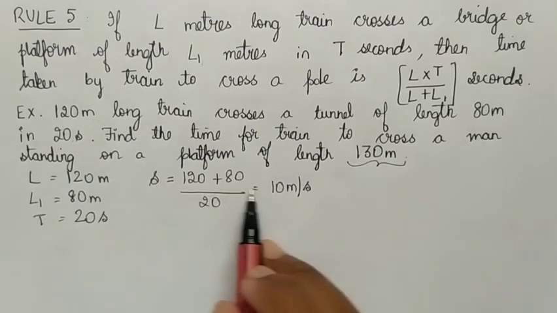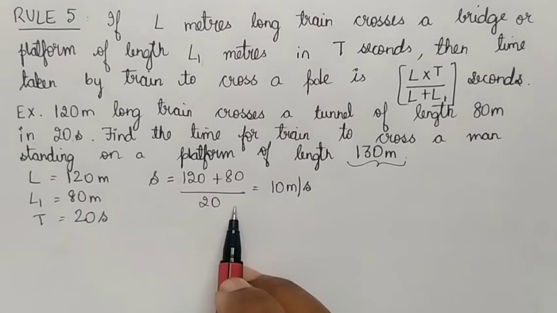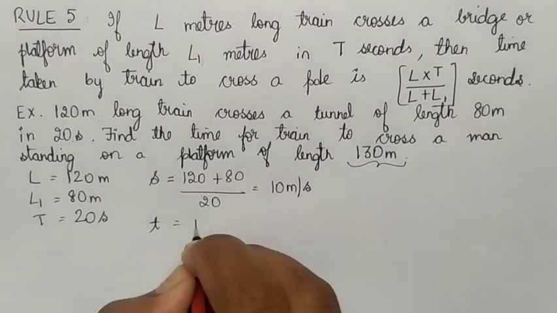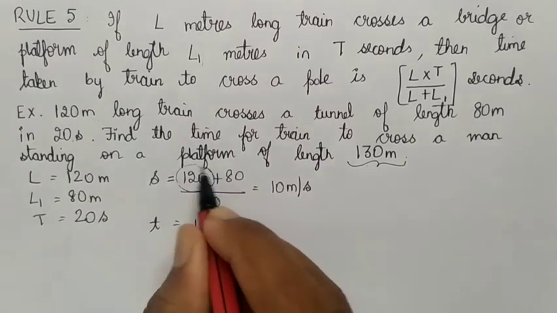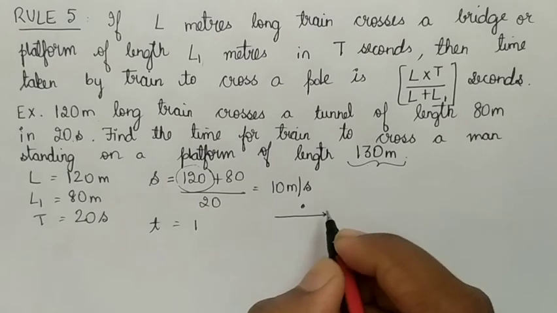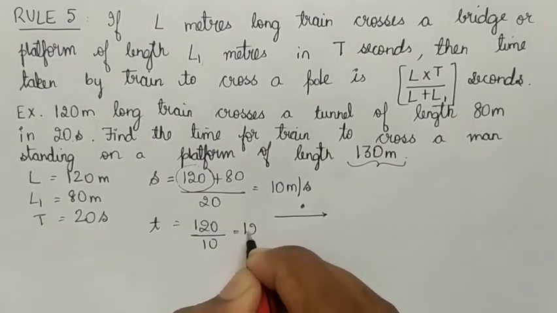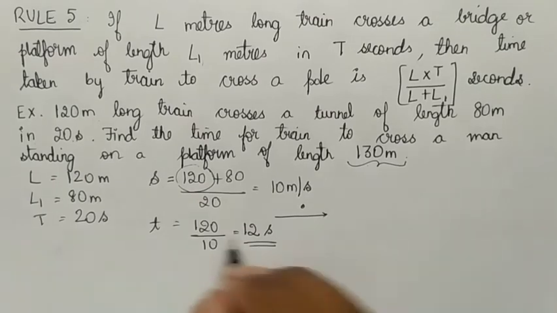Now I will have to find the time taken by the train to cross the man. So T equals distance 120. The man is standing here, the train will pass, so we will consider only the length of the train, 120 by 10. This is 12 seconds. This is one way.